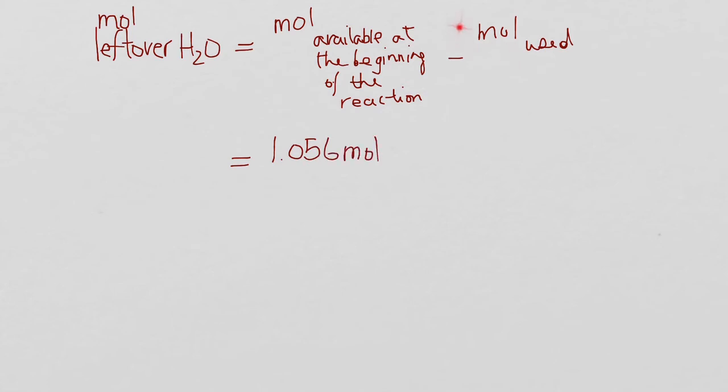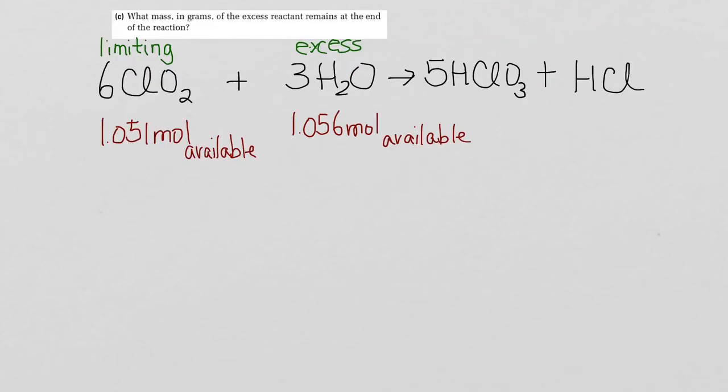Question is, how many moles did we use? Well, how many moles we used depends on the amount of limiting reagent. Because remember, at the end of the reaction, when your limiting reagent runs out, that's when you stop everything, which means that's the point when you stop using the excess reagent.